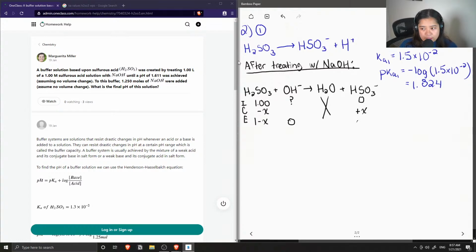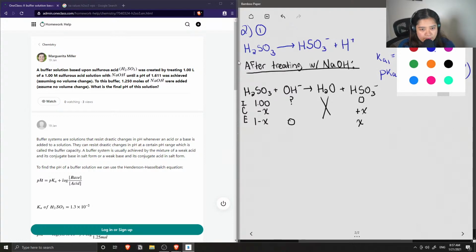And also because the hydroxide ion won't be included in my pH equation, which I'll write in a bit. That's why we're also not really interested in its equilibrium concentration. So we're basically only interested in H2SO3 and HSO3 minus.